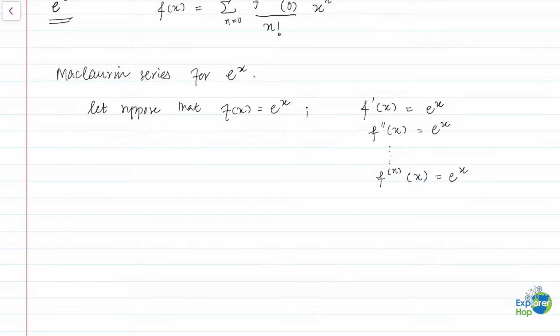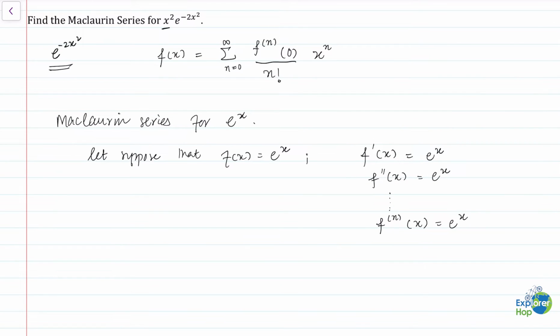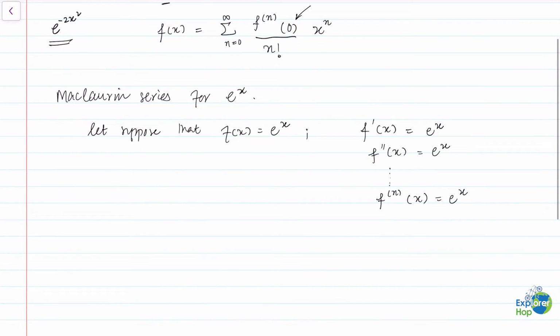So now we know that the nth derivative of f(x) is e to the power x, but in this formula we need to find the nth derivative at x equals 0. So we'll just substitute x equals 0 and we'll find that the nth derivative at x equals 0 is equal to e to the power 0, which is equal to 1.